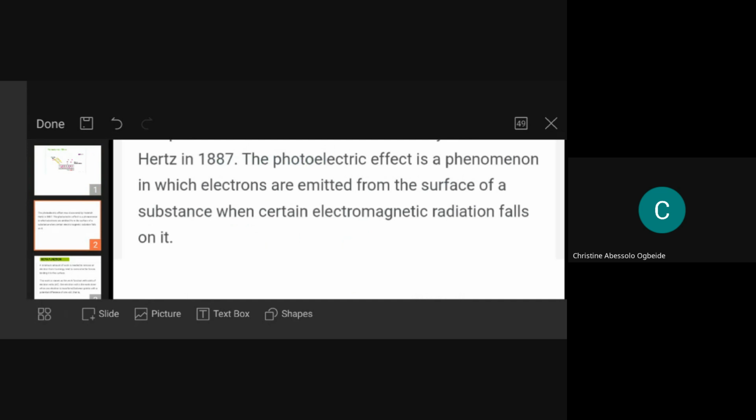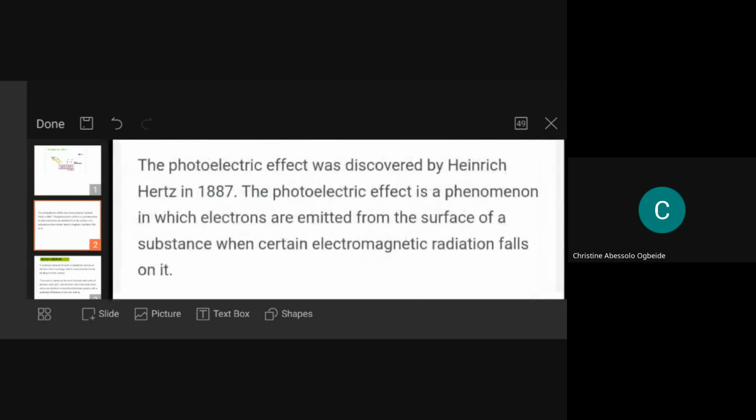Now, the photoelectric effect was discovered by, this is just a little background. It doesn't necessarily imply that you will be asked, just for you to have a good idea. In case you are still answering objective questions, you can come across questions like who discovered the photoelectric effect and in what year.